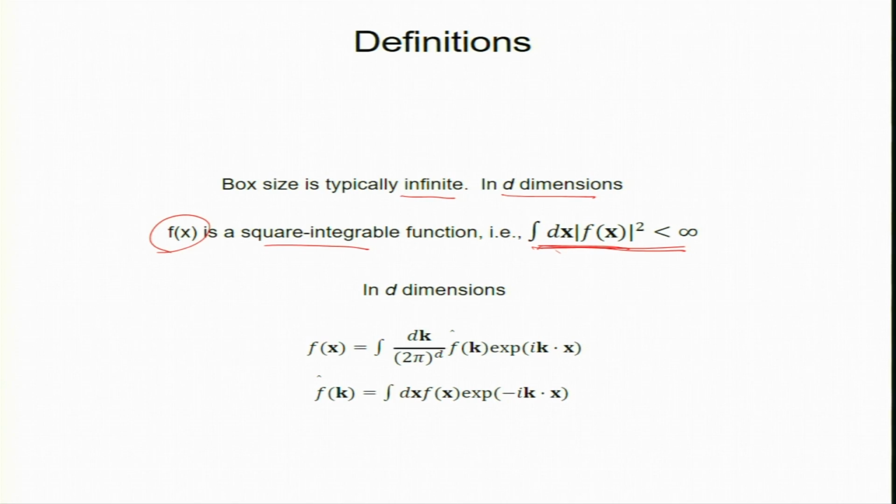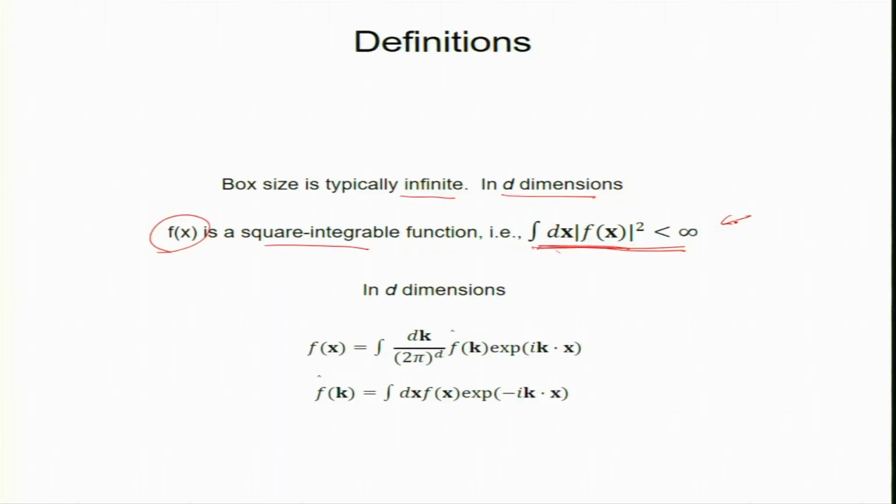Sometimes we let go, like the Fourier transform of a constant, which gives a delta function, that is not square integrable, but still in physics we let go of a few things. Sometimes we violate it, but strictly speaking mathematicians would say that we should have this condition.